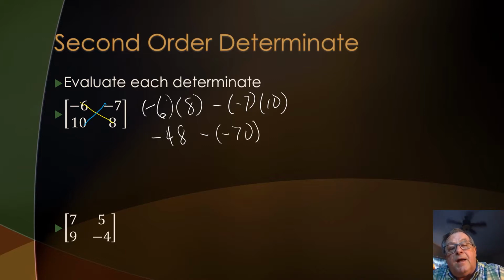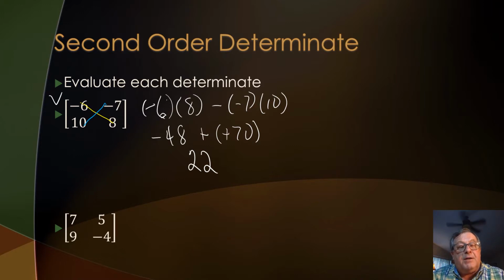But I have a negative here, so it's going to make those positive. -48 plus 70 is 22. So the second order determinant of this matrix right here is 22.